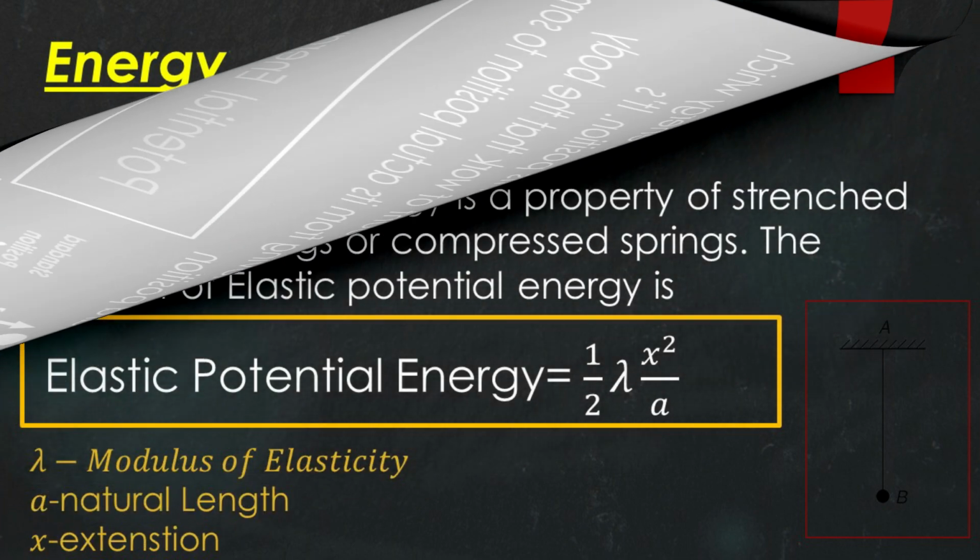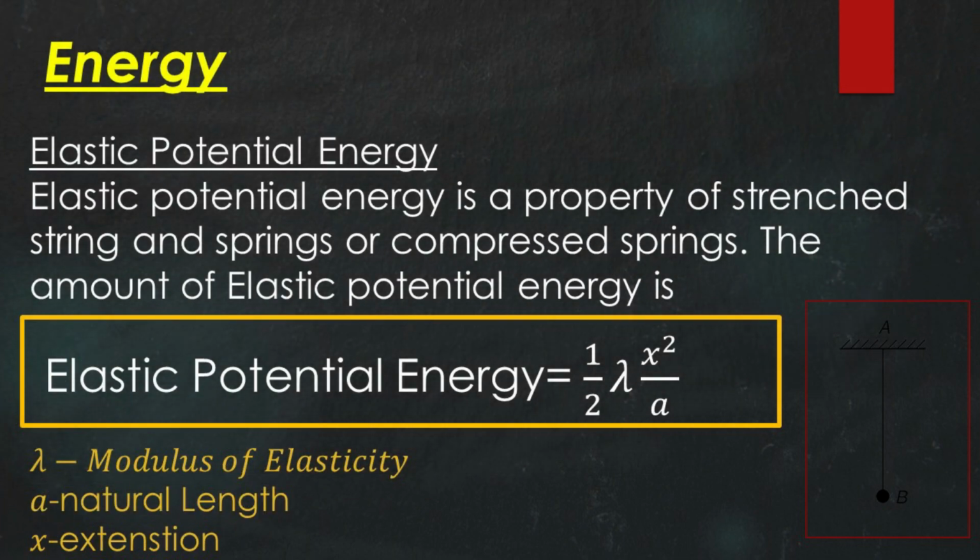Okay, so the next one is elastic potential energy. This is not in your physics, I think. These equations are also not familiar to you, so you just need to understand this. The elastic potential energy is a property of a stretched string or compressed spring.